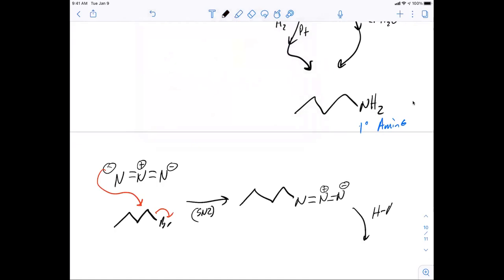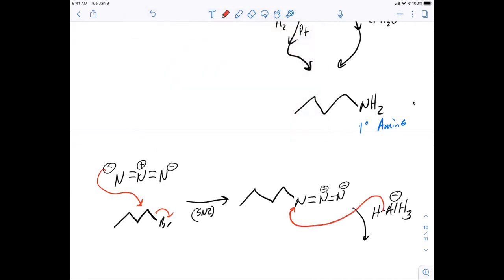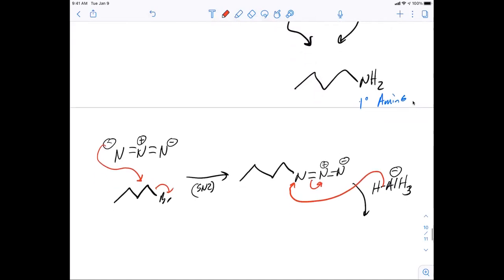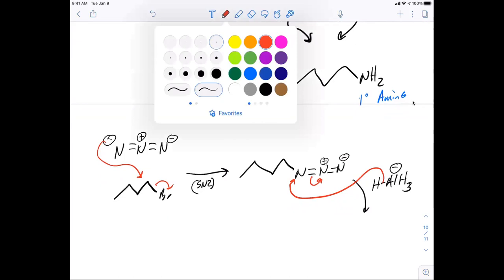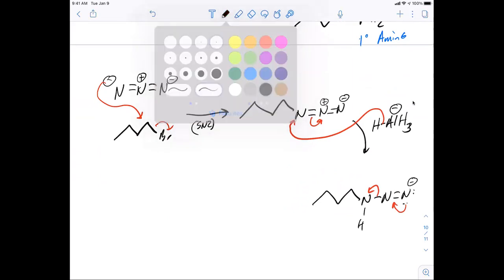And then this can react with this aluminum hydride. Hydride attacks the first nitrogen, kicks the electrons back to the second nitrogen. And then these electrons go here, kicks these electrons back to that nitrogen.